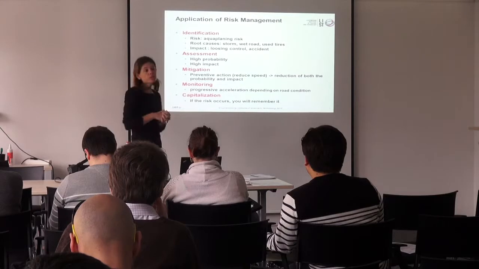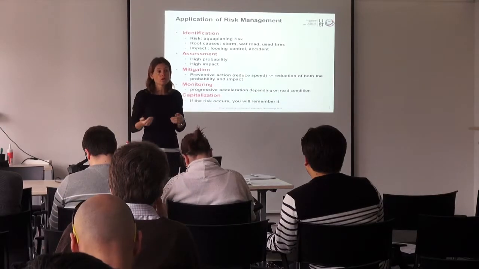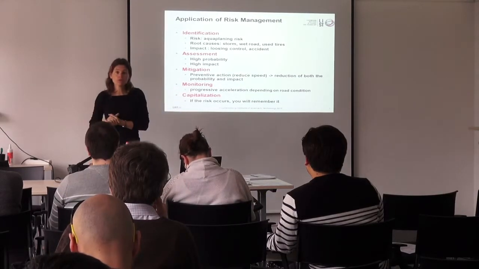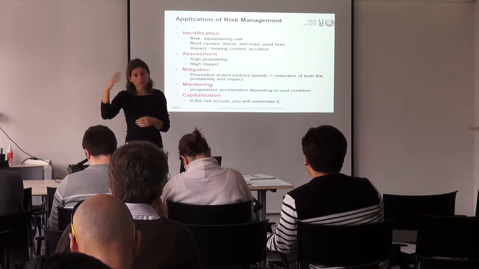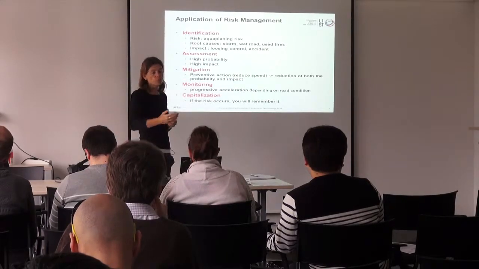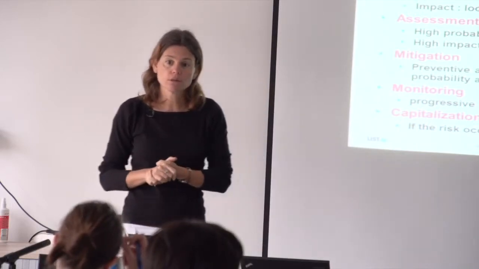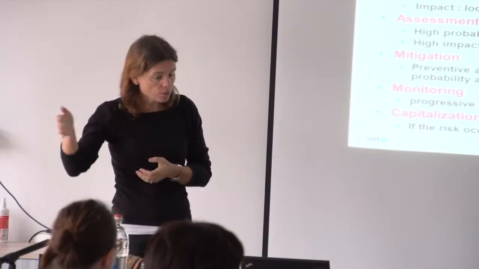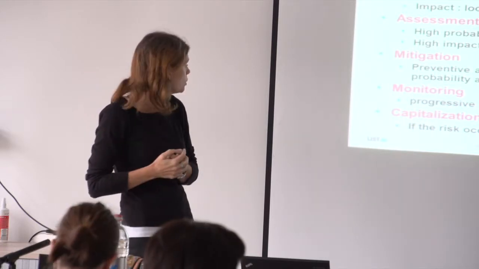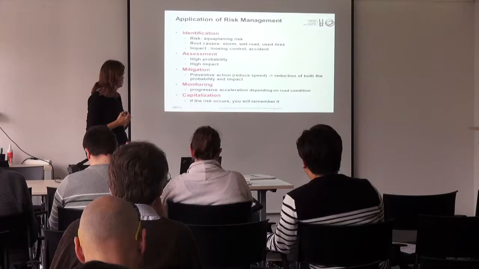And then you did some monitoring. So along the way, along the travel, you realized that the storm was gone, that the road was getting better, and so you increased your speed up to the normal speed when everything was back in normal conditions.